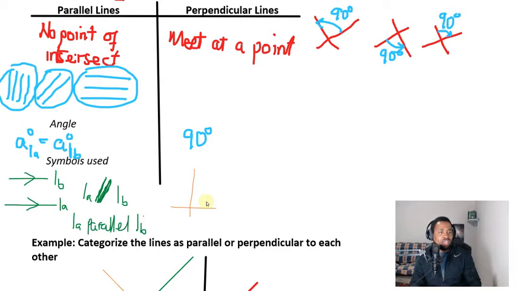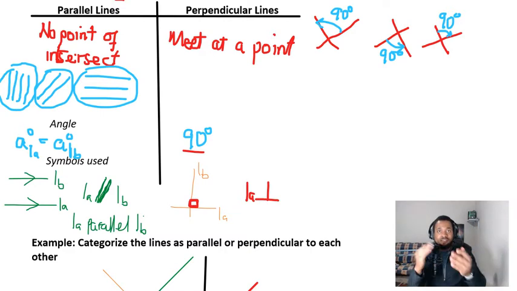Let's make the horizontal line here line A and this line B. The angle here, which is 90 degrees, as we stated, is symbolized as this little square at the junction where these two lines meet. And so line A is perpendicular, which is represented as the T symbol flipped upside down, to that of line B.